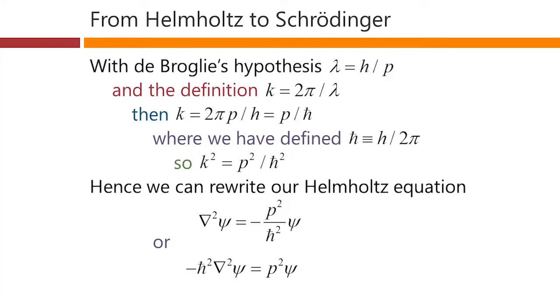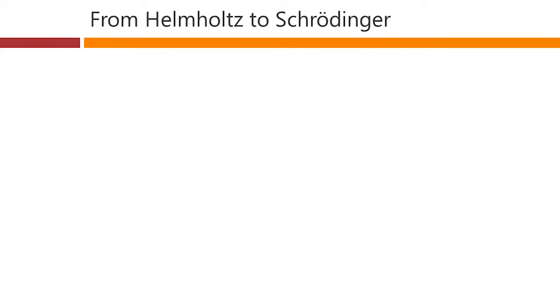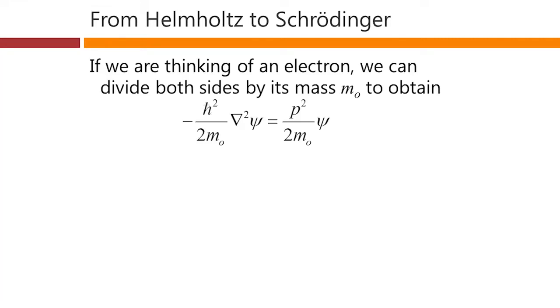We're just postulating this, remember. If we were thinking explicitly of an electron, we can divide both sides of this equation by the mass m0 of the electron. Nobody can stop us from doing that. It's mathematically perfectly legal. So then we have minus h bar squared over 2m0 del squared psi equals p squared over 2m0 psi.